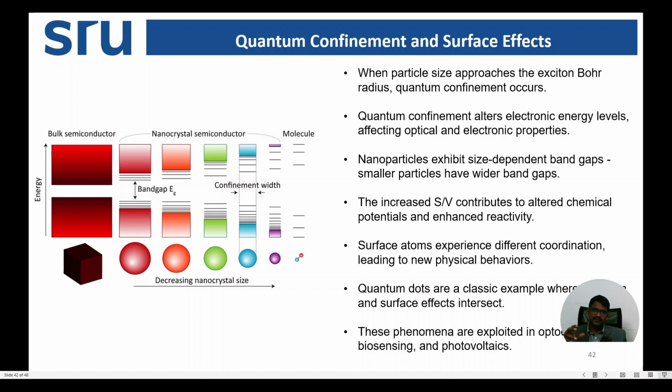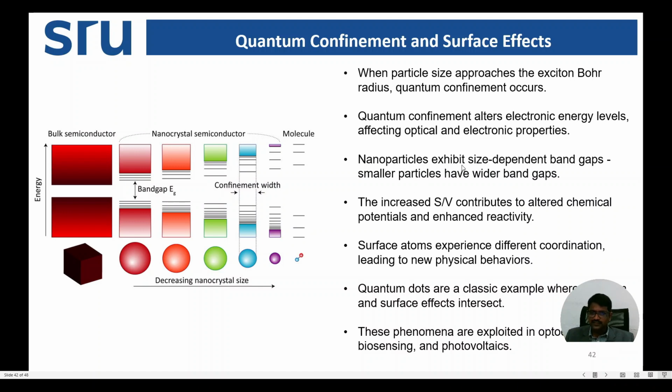So the electronic and optical properties heavily depend on band gap, and this band gap can be altered by the quantum confinement effect. That's why the quantum confinement effect majorly alters electrical and optical properties.